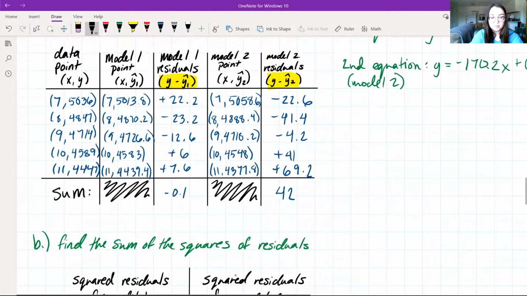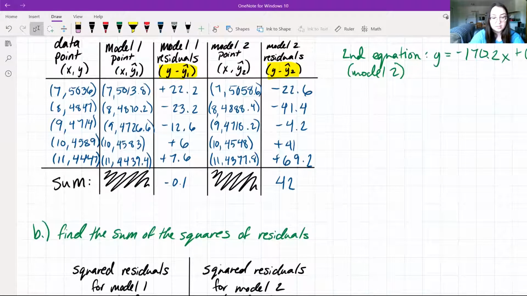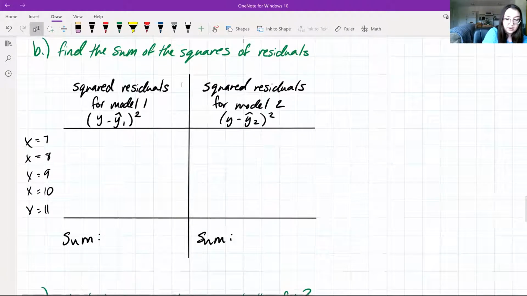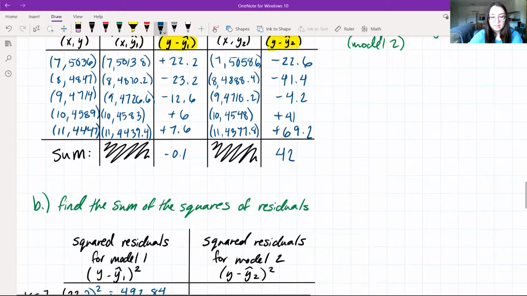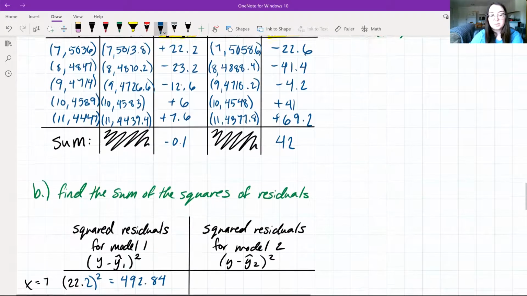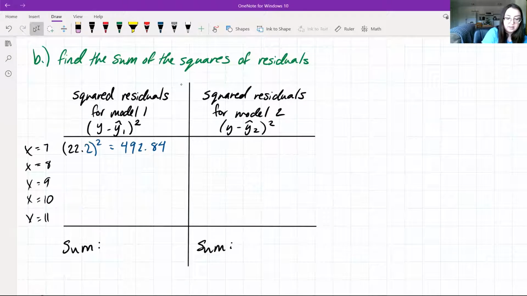We know this very first value here was positive 22.2, so we're going to square that. So 22.2 squared, and that's going to give us 492.84.